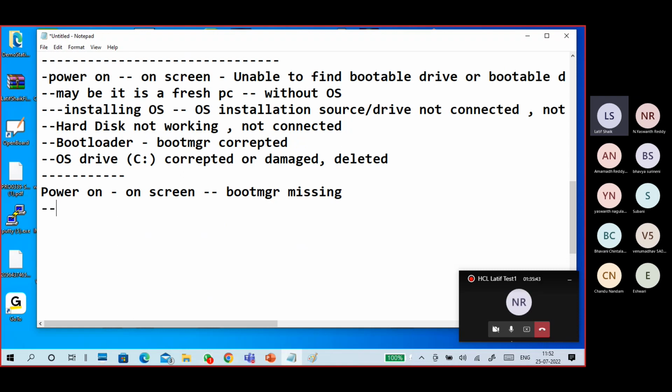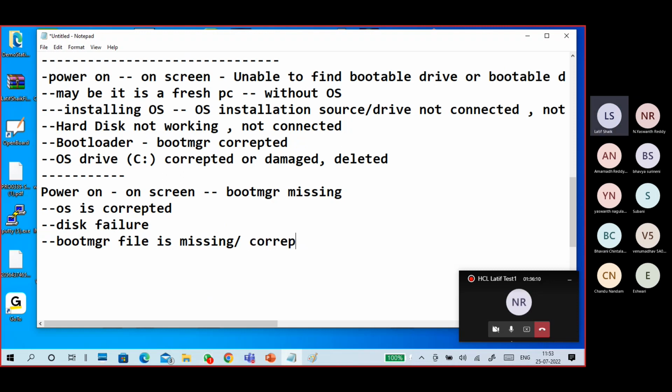So the OS is corrupted is one possibility. Disk failure is possible. Or only the boot MGR file is missing or corrupted in the OS drive, meaning the C drive.